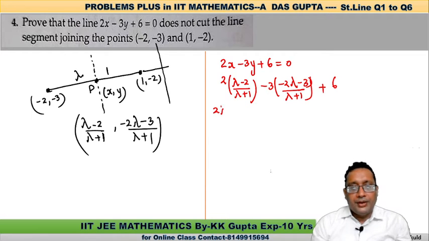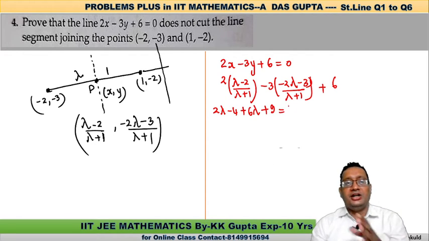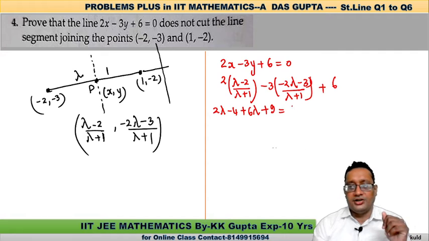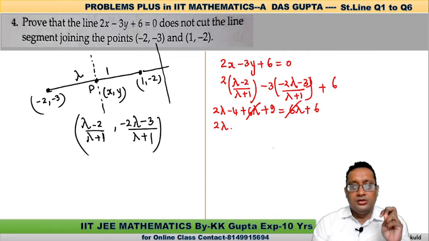This means 2 lambda minus 4 plus 6 lambda plus 9, with lambda plus 1 in the common denominator, and plus 6 on the right side becomes 6 lambda plus 6.